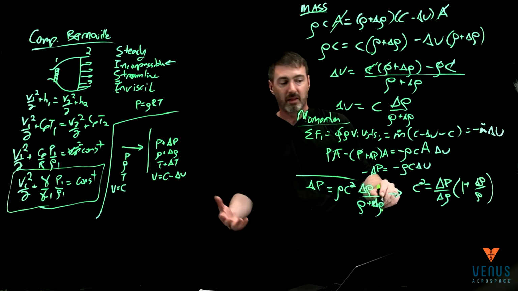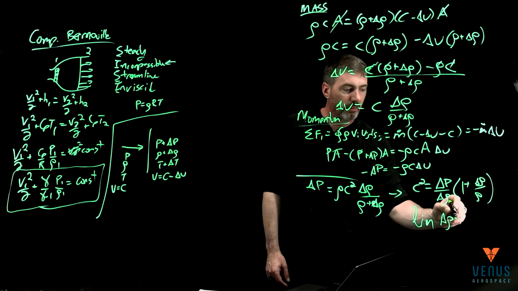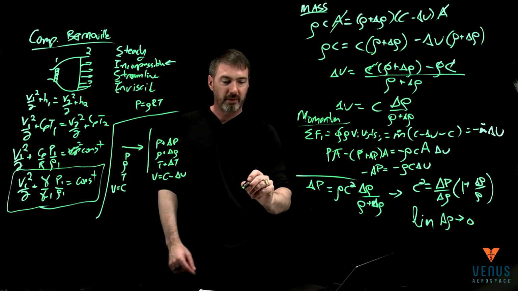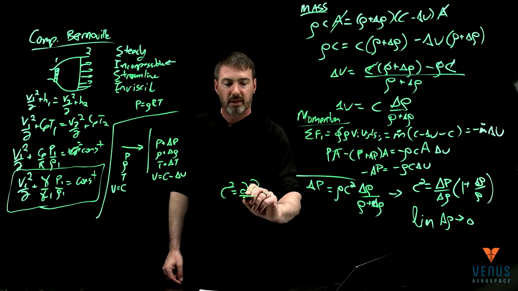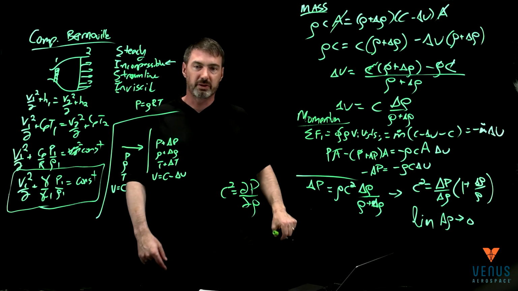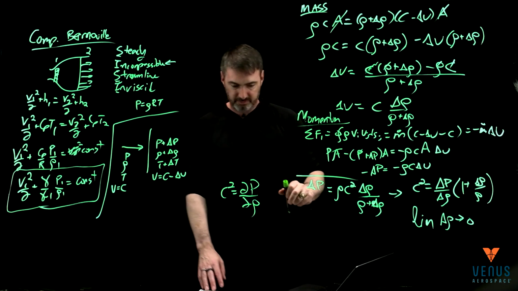And so then in the limit where delta rho goes to 0, come back over here for the grand finale, you then just have C squared is equal to the gradient of pressure with respect to density. And so that becomes that definition.